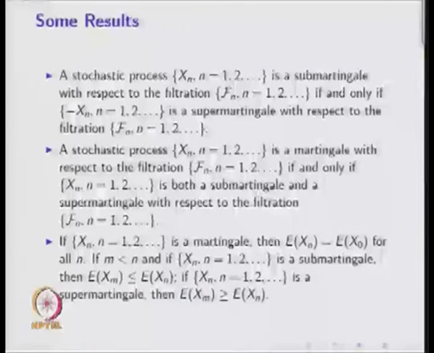The second remark: a stochastic process X_n, n varies from 1, 2 and so on, is a martingale with respect to the filtration F_n if and only if X_n is both a submartingale and a supermartingale with respect to the same filtration.